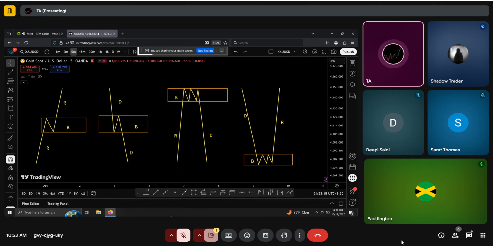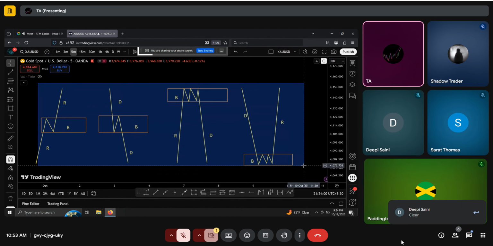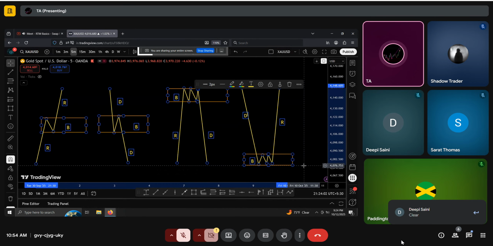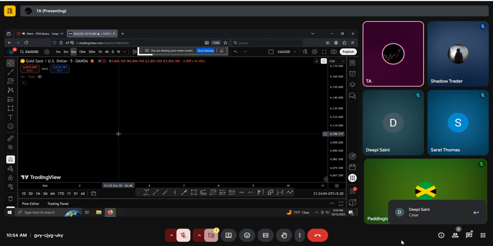If anyone still has any doubt in these four basic structures, you can ask once again. If not, I will delete them and carry on. I think no one has any doubt, so I will delete this. And then we studied FTR and FL.